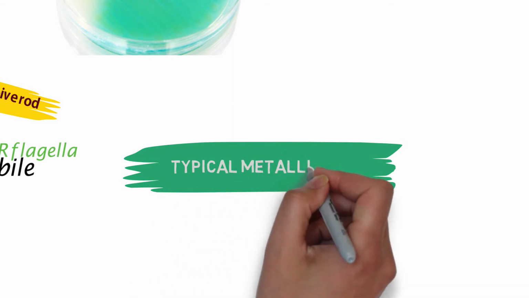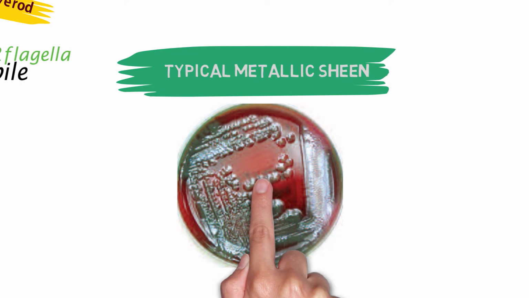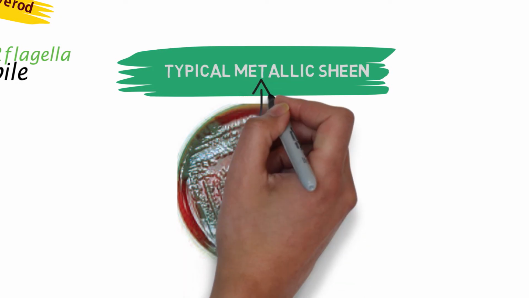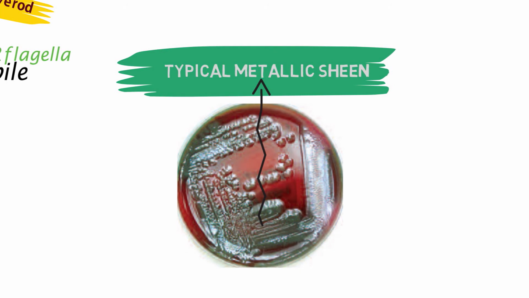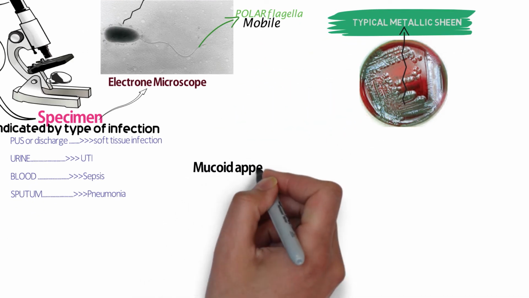Pseudomonas aeruginosa produces typical metallic sheen of growth on a blood agar plate, on a TSI agar plate. You can see this typical metallic sheen in this picture. Okay, another important feature of Pseudomonas aeruginosa growth.